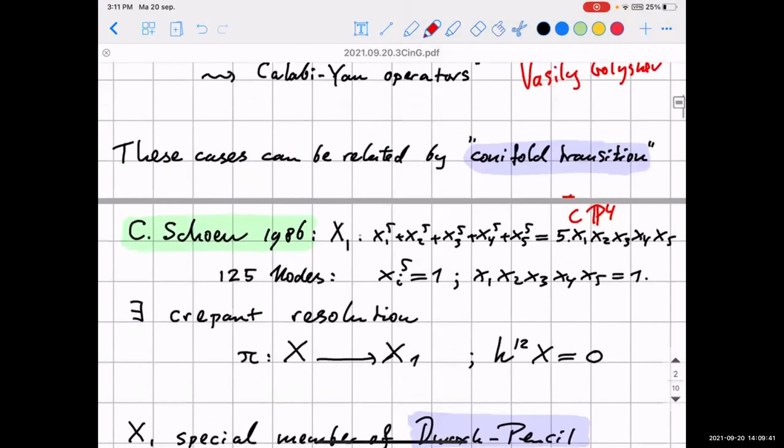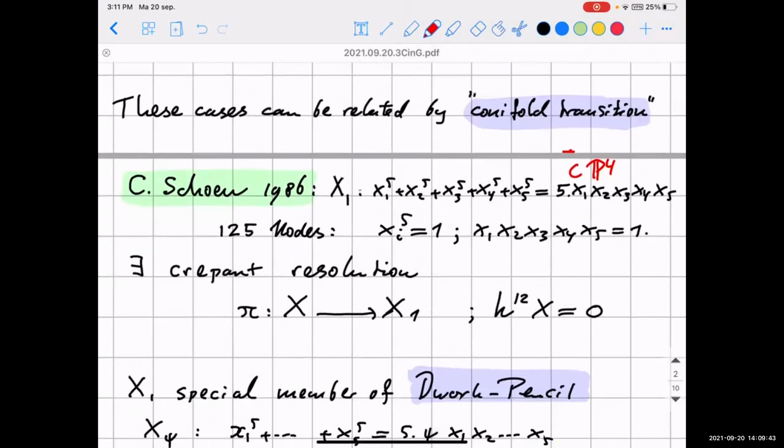So this variety is a quintic in P4, and it has 125 nodes, and you can find a small resolution, and then after resolution, you get a Calabi-Yau manifold, which has H12 equals 0.